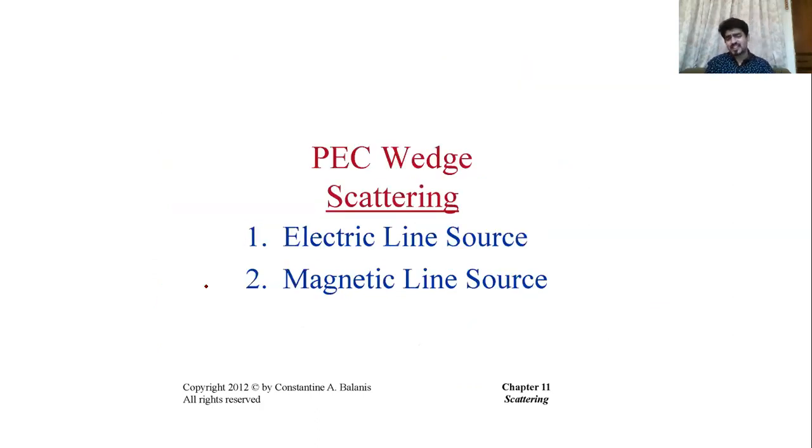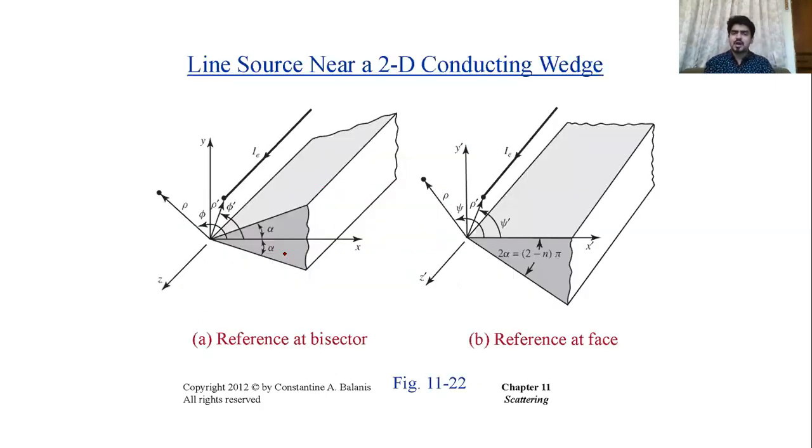Now again, for PEC wedge scattering, we will consider two types of sources. One is an electrical line source and the other one is a magnetic line source. So for electrical line source, if we go to the next slide, we can have two types of geometry.